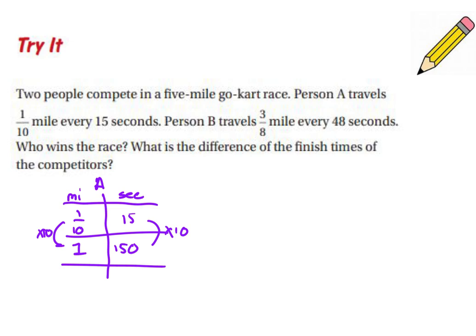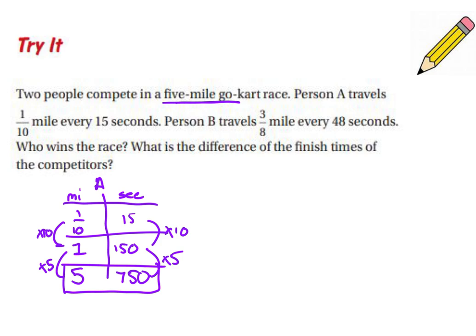And it says that our go-kart race is a 5-mile go-kart race. So if we multiply 1 times 5, we get to our 5-mile total. And 150 times 5 is 750 seconds.